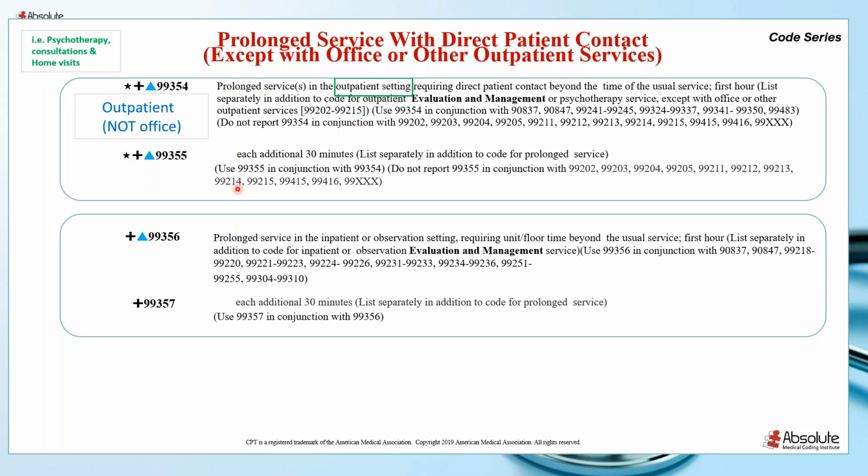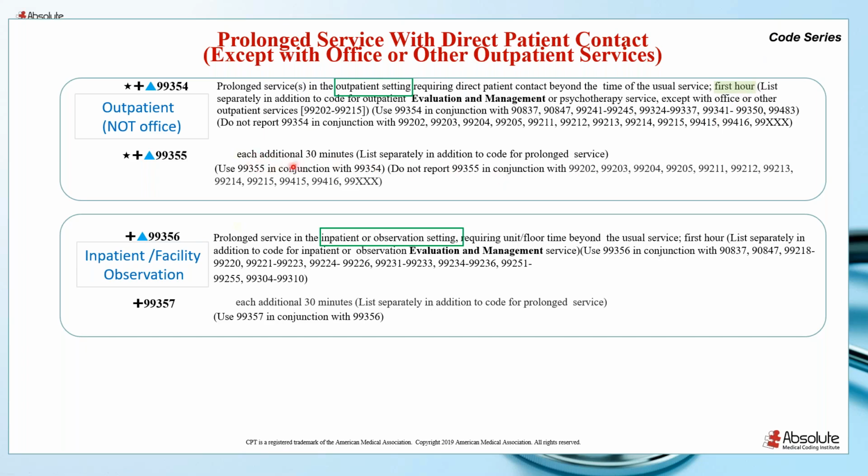So the first family is for outpatient, face-to-face patient contact, not in the office. The next family is inpatient or observation, face-to-face contact with that patient. That's pretty much straightforward. Now, remember, they're all add-on codes, but the first code in the first family is for the first hour.